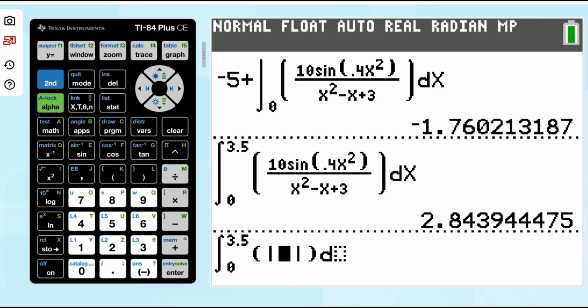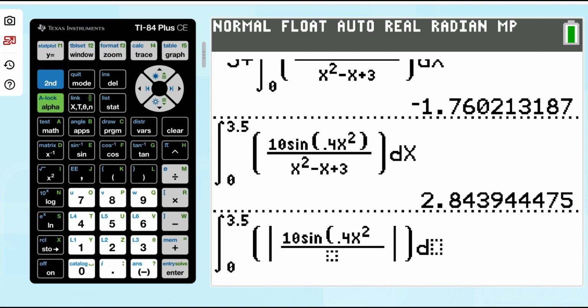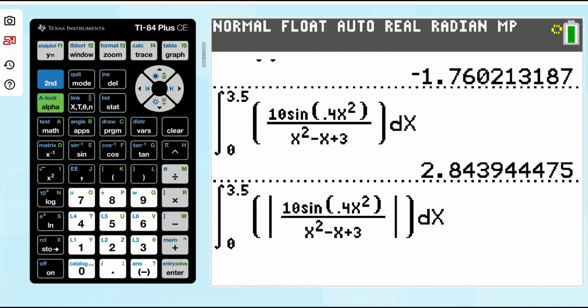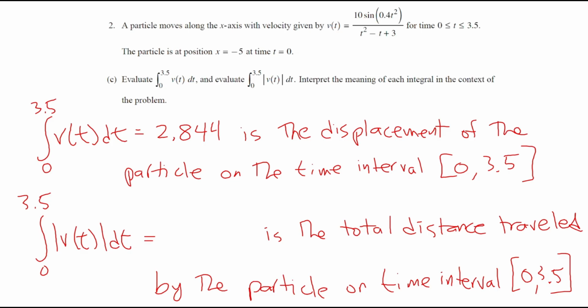And now inside of the absolute value, we'll just put our function, 10 times the sine of 0.4x squared divided by x squared minus x plus 3 dx. We'll hit enter, and it will give us 3.737 when we round, so we'll just throw that in here. 3.737, and that is our final answer for part C.